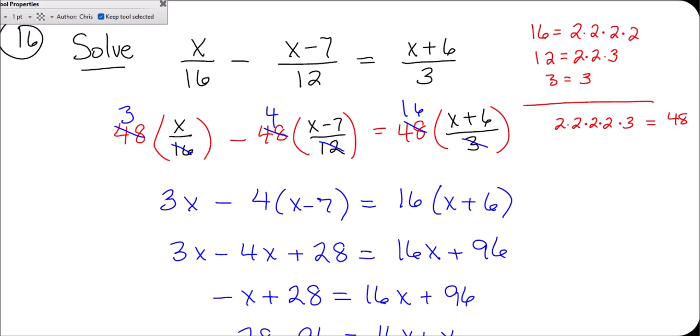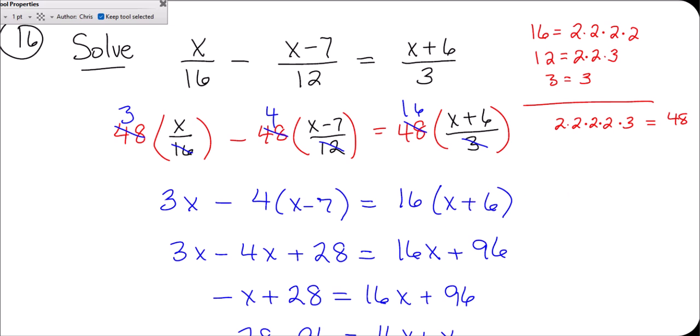So let's see. 16 goes into there 3 times, so I get a 3x. 12 goes in there 4 times, and so I get 4 times the x minus 7. 3 goes into 48 16 times, and so 16 times x plus 6.